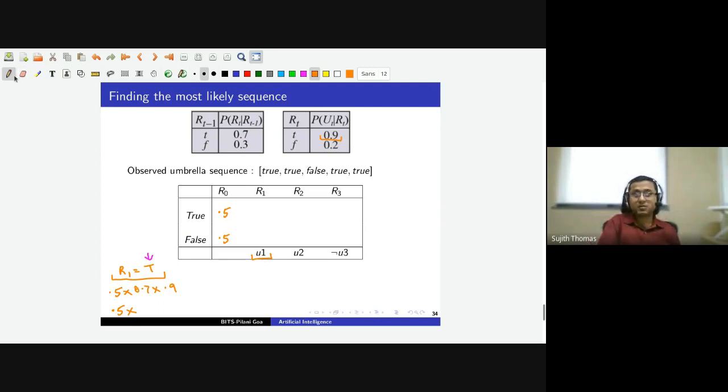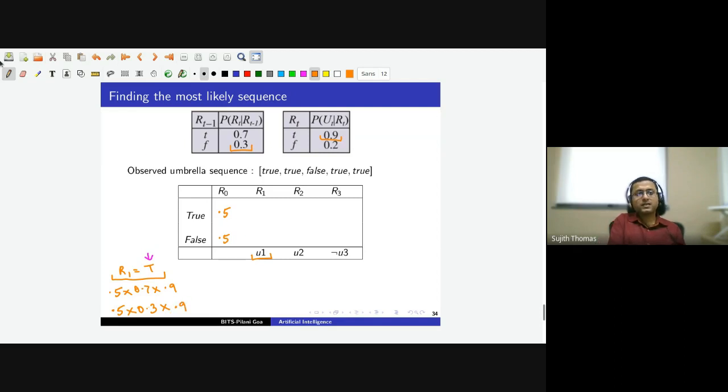So from false to true, the probability will be 0.3. And what is the probability of observing the evidence variable when R1 is equal to true? It is again 0.9 only. There is no change in that one.